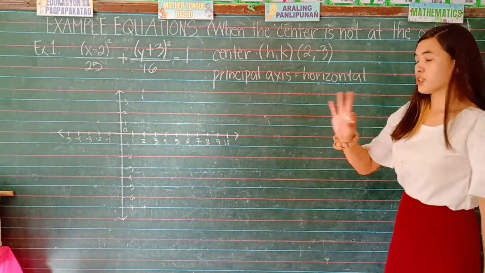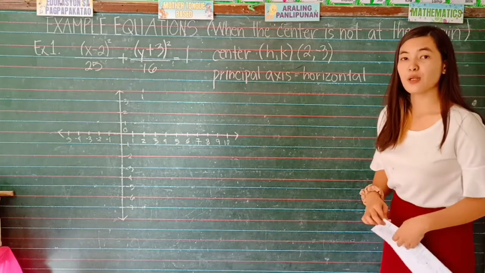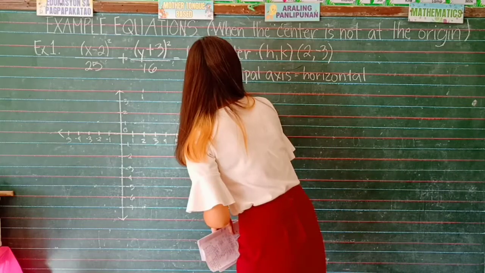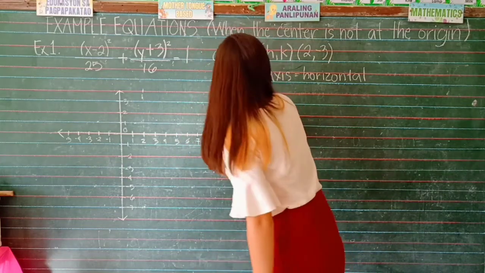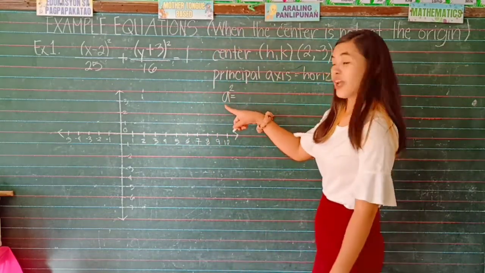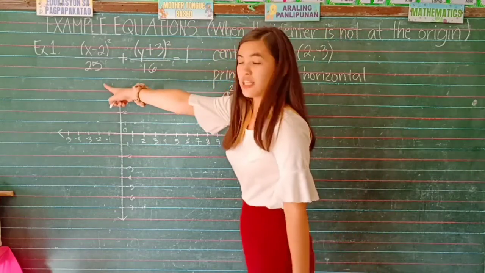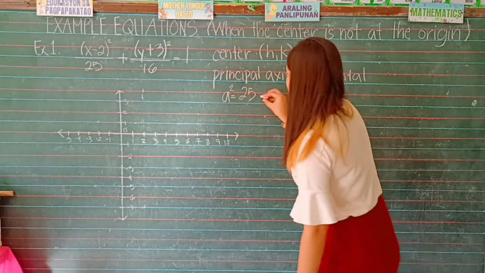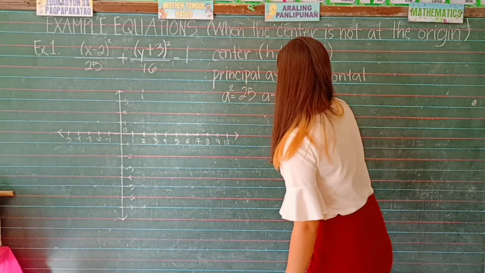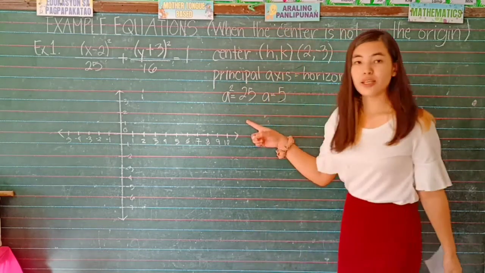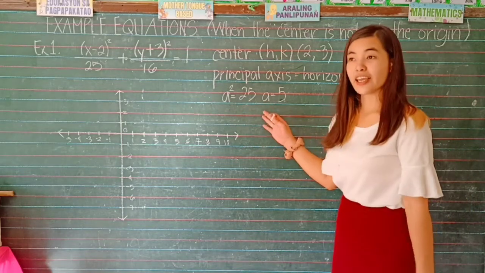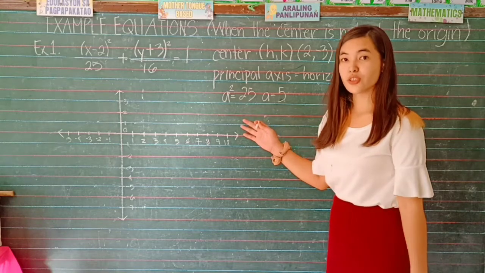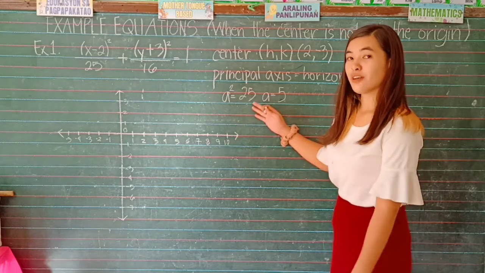Now, the third step is finding the value of a and b. Our a squared in the equation is 25. The square root of 25 is equal to 5. The a represents the distance from the center to the vertex.